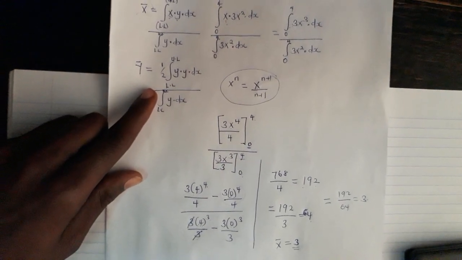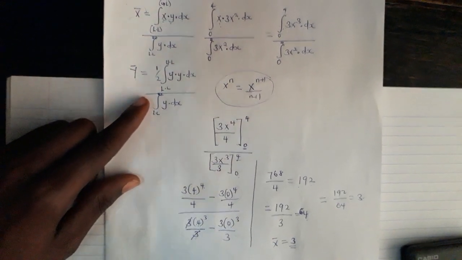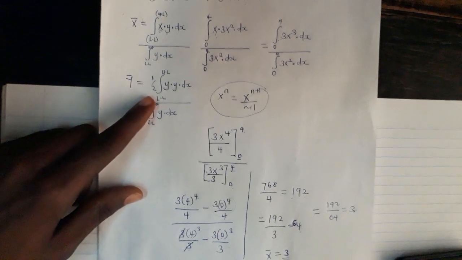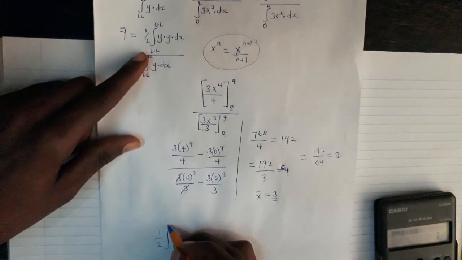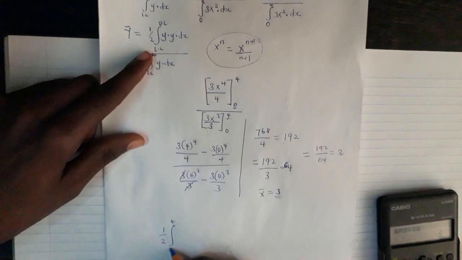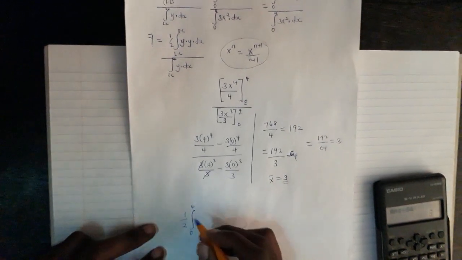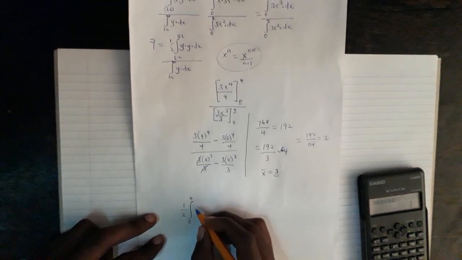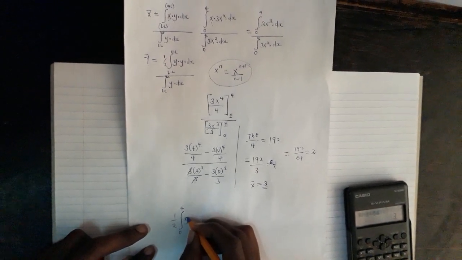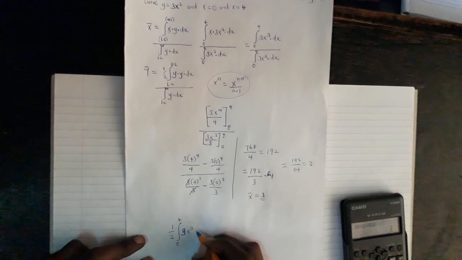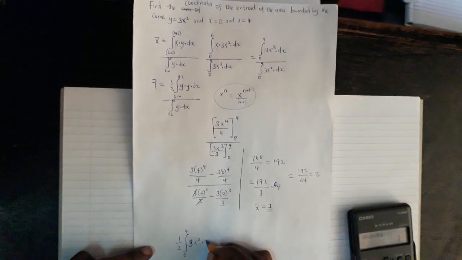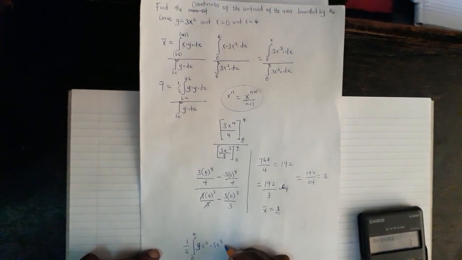It is a half, and then the integration of, we have our upper limit, which is 4, the lower limit is 0, and then y is 3x squared. It is the one in the equation there, in the question, and then we have another y, which is 3x squared.